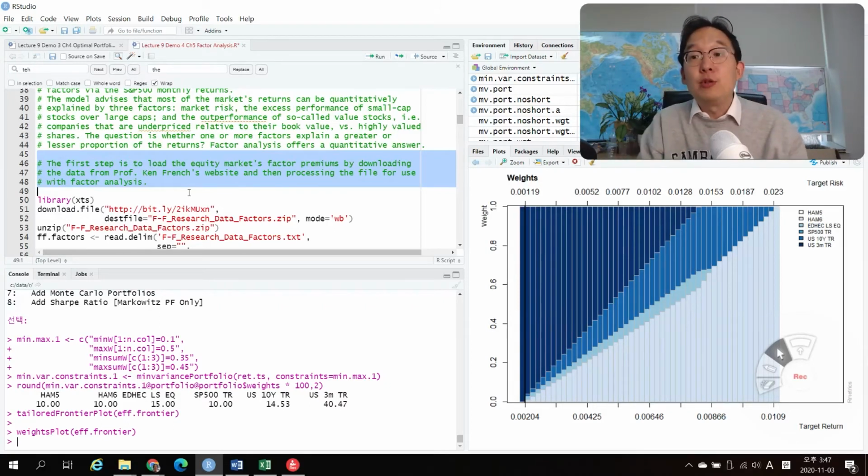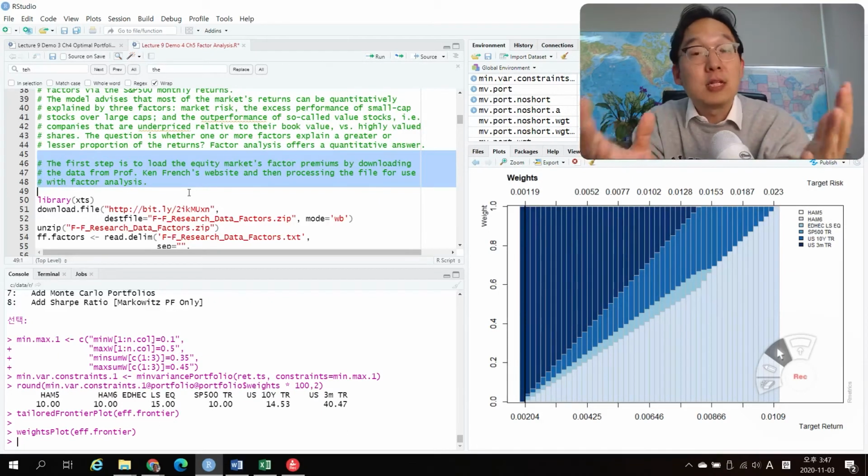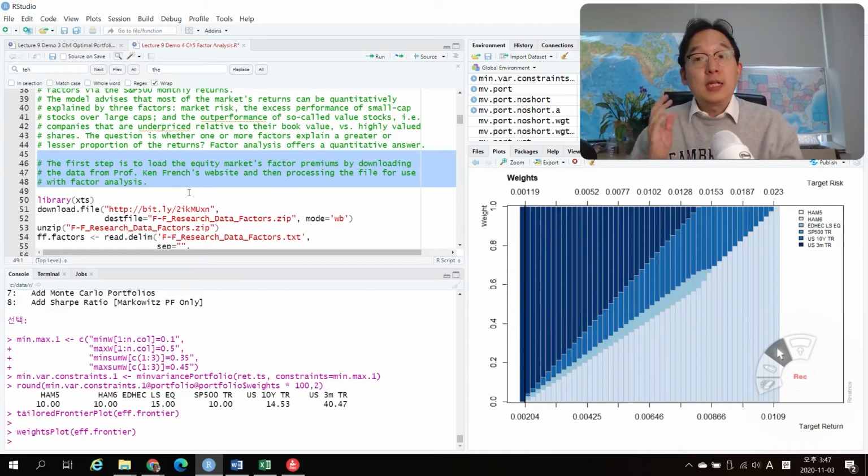Of course, you may wonder, how do we construct those factors like what Ken French did? Essentially, to do that, you need a PhD in finance to seriously study that, or at least a master of science in finance, not an MBA.